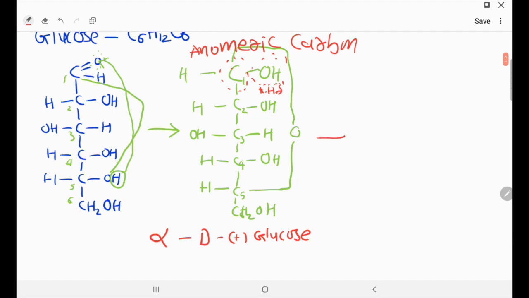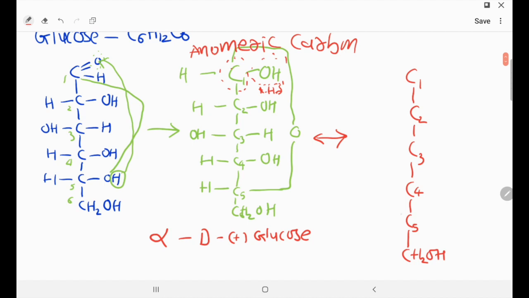Now you can plot beta D glucose. How will we plot the beta D glucose? By following the same pattern. Carbon number 1, carbon number 2, carbon number 3, carbon number 4, carbon number 5, and on carbon number 6 there is a CH2OH.